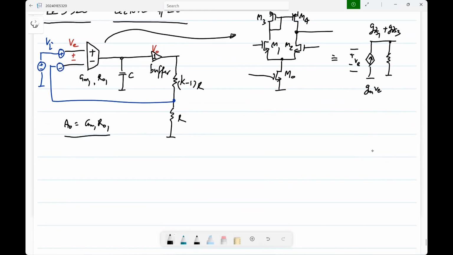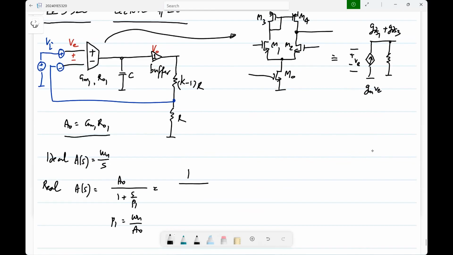So this type of op-amp, ideally we wanted to have a transfer function of this type, and in the real case we have, where P1 is omega u by A naught, and another way of writing it is you get the extra term 1 by A naught in the denominator.